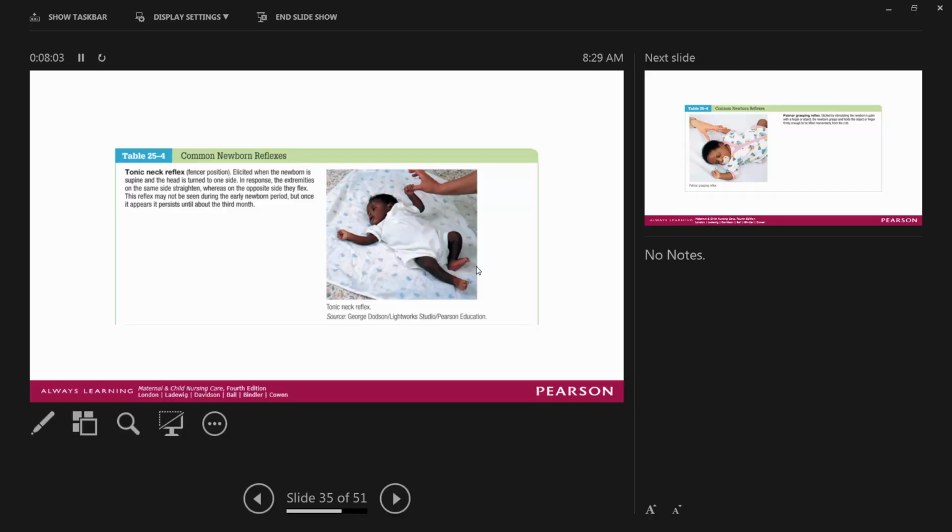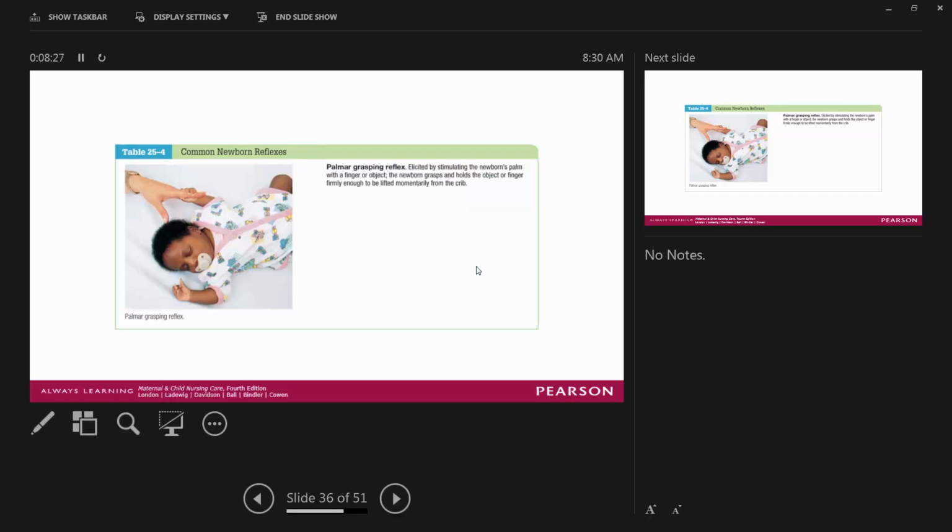So tonic neck reflex is when the baby's laying on their back and their head is turned to one side, the extremity on that same side should straighten. So if baby's head's turned this way, that should straighten. If baby's head's turned this way, that should straighten. That's called a tonic neck reflex.